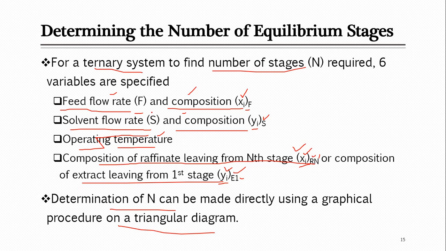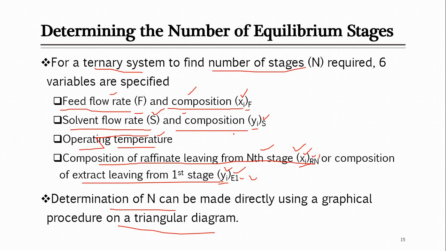If I skip the solvent flow rate from here, then definitely I have to look for something else, so maybe I have to specify both of these to fulfill the requirement of these 6 variables. Actually, when we design the system, if these at least 6 variables are not known, you can't go for the number of stages.